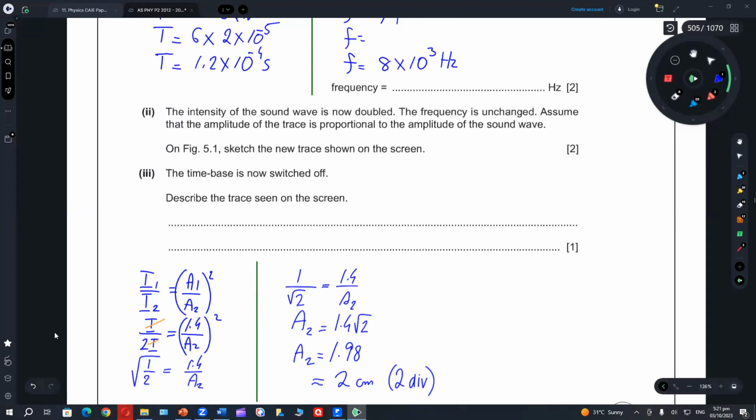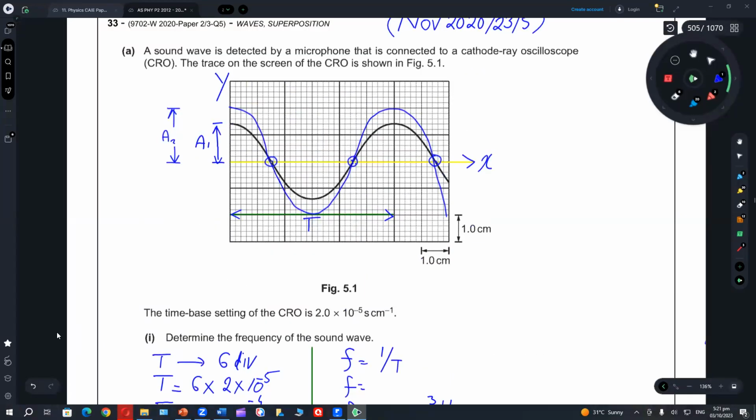The time base is now switched off. Describe the trace seen on the screen. Time base is the x-axis setup. So if you switch off the time base, describe the trace seen on the screen. It will be a straight line.